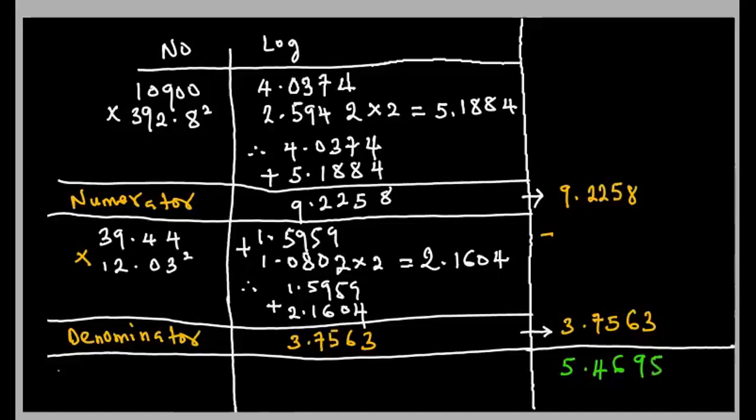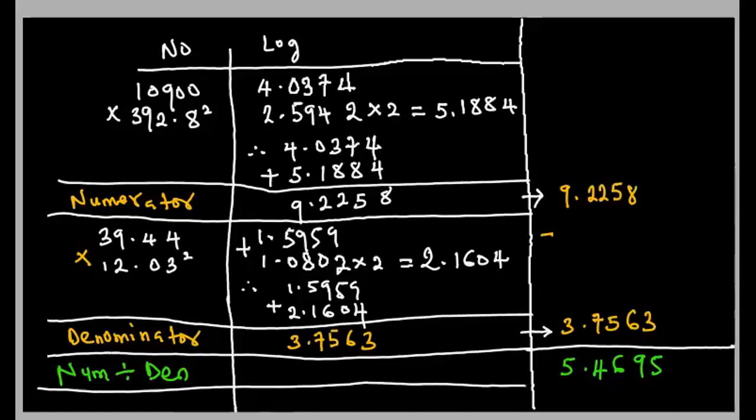And this value was gotten when we divided the numerator by the denominator, after all our simplification.